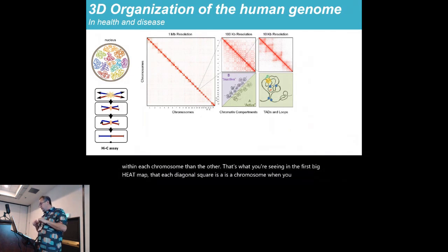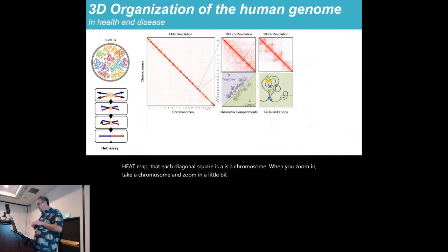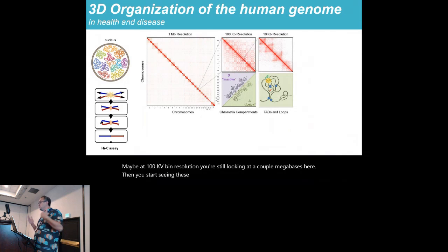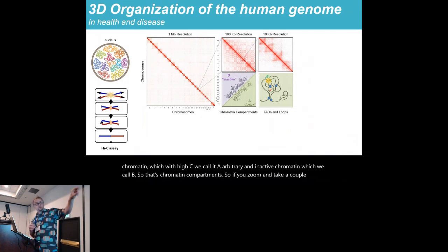When you take a chromosome and zoom in a bit more, maybe at the 100 kb bin resolution, you're still looking at a couple of megabases, and you start seeing two broad coarse definitions of chromatin. Active chromatin, which with high Hi-C signal we call A, that's arbitrary, and inactive chromatin, which we call B. So those are chromatin compartments.